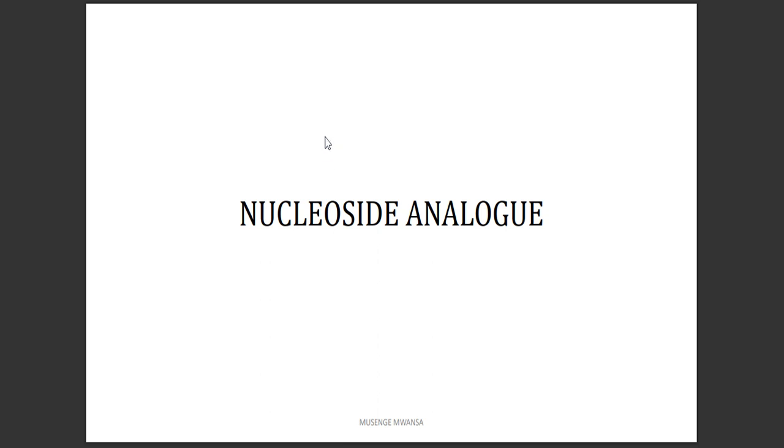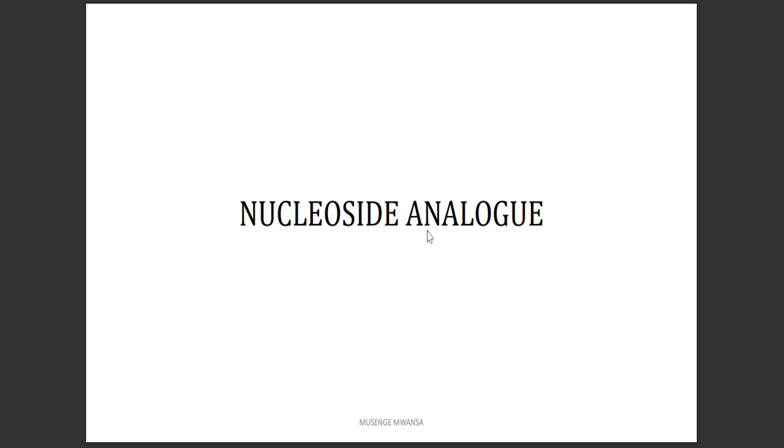Well, these nucleoside analogues are simply structures which resemble nucleosides, meaning that they look like the nucleosides which are found in the body. We know that in the body we have a lot of nitrogenous bases and also the pentose sugar. If we are making DNA, the pentose sugar that we're supposed to have is deoxyribose. If we are making RNA, the pentose sugar that we're supposed to have is ribose.